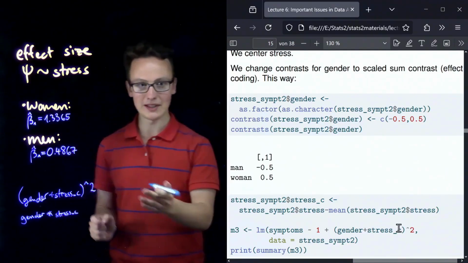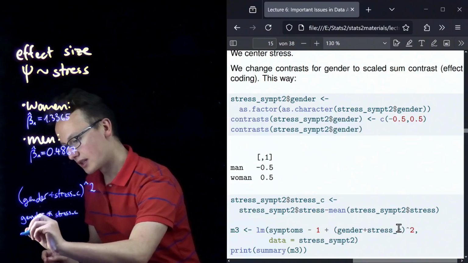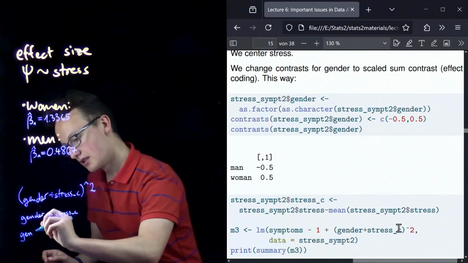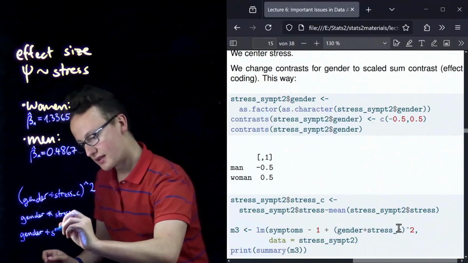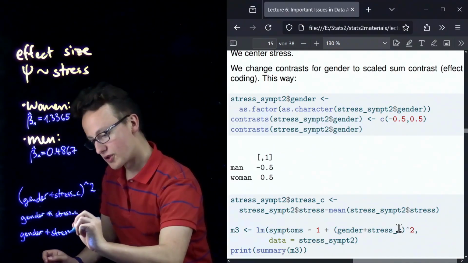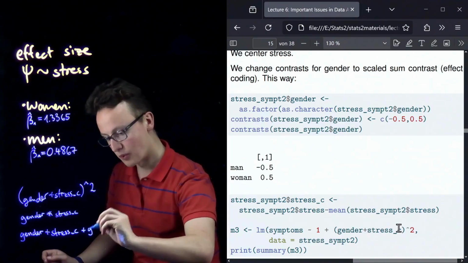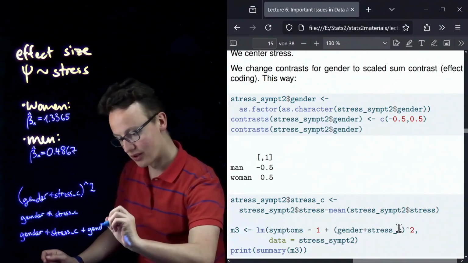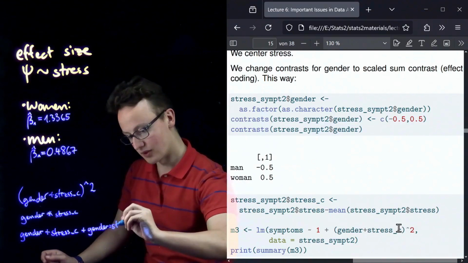And what both of them are basically abbreviations of would be to write explicitly that I want the main effect of gender, plus the main effect of stress, and then also plus the interaction of gender and stress, which by itself I would write as gender colon stress.